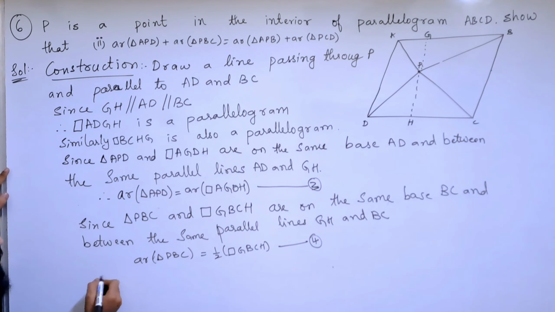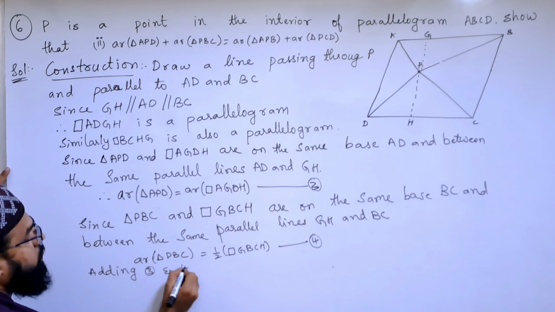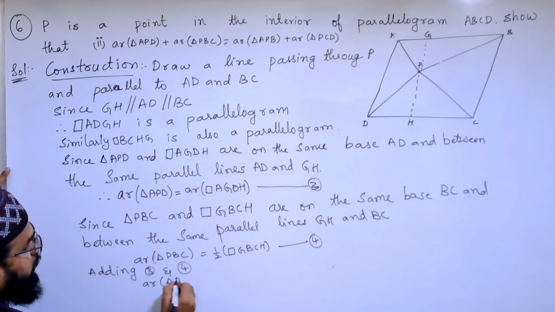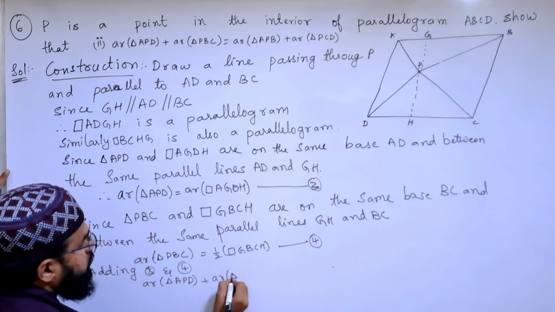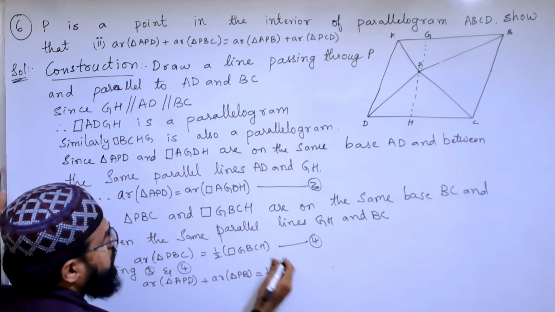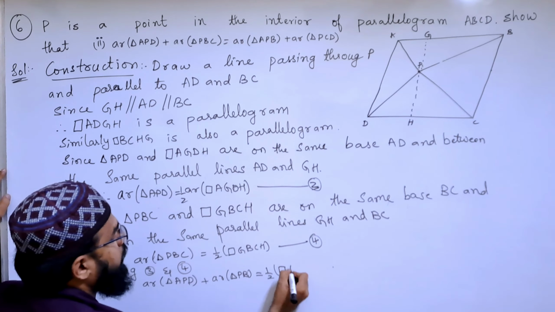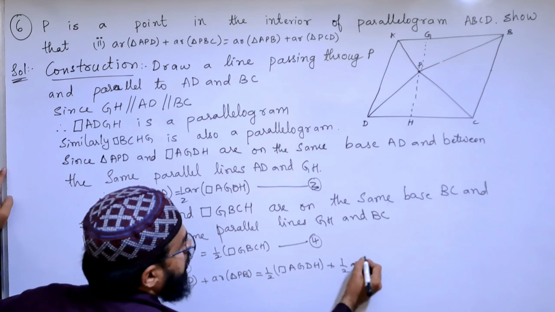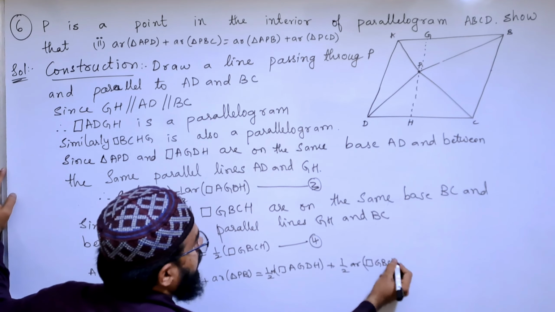Now we will add third and fourth. Adding third and fourth, you will get area of the triangle APD plus area of the triangle PBC is equal to half of the area of the quadrilateral AGDH plus half of area of the quadrilateral GBCH.